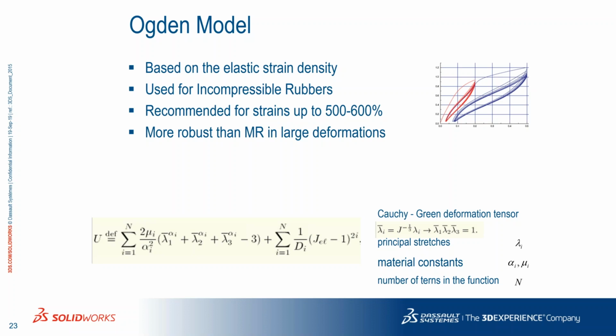So basically, in this case, you need constants again to calculate the model, and it's the same approach that we saw before. Also here, you can define the power of the model. Basically, with n equals 1, you will have just 2 constants, mu1 and alpha 1, and then you can grow with the model. Of course, the more constants you are using, the more detailed and precise the model is.